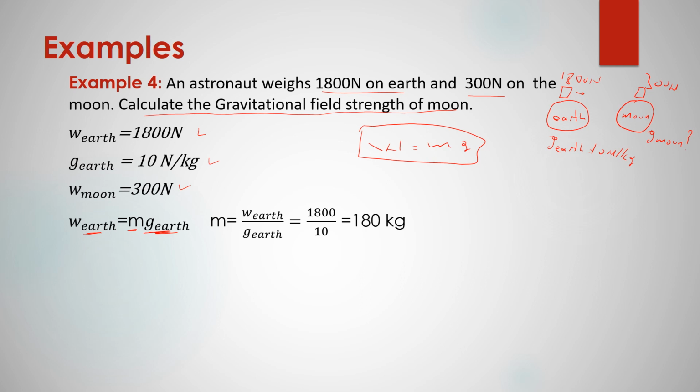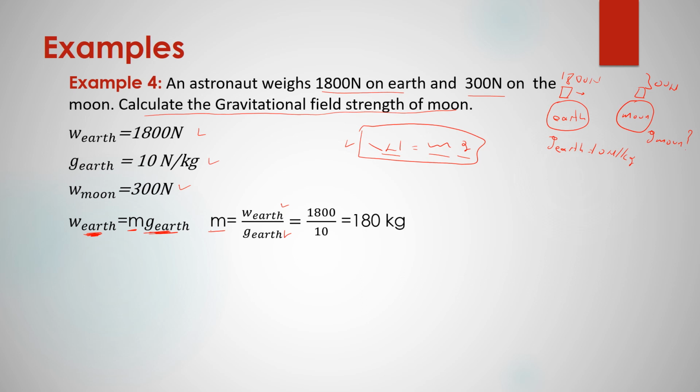So from this equation we can say that the mass of the object is equal to the weight of the object on the earth over the gravitational field strength of the earth.